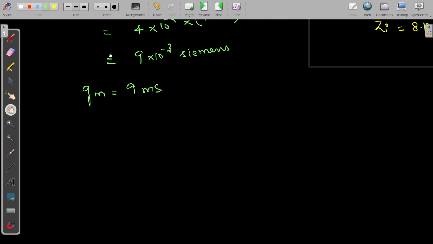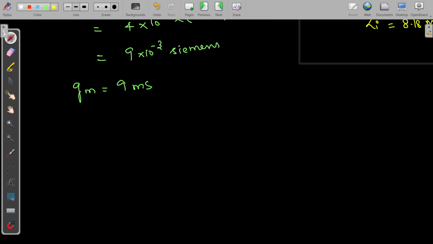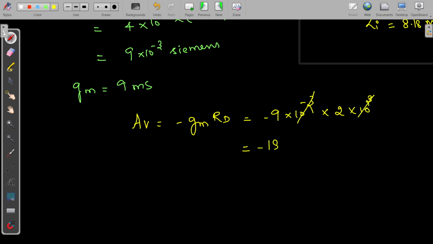Now you can calculate Av. Av is equal to minus gm into RD, isn't it? So that is minus 9 into 10 power minus 3, that is millisiemens, right? Multiplied by RD, 2 kilo ohm, so 2 into 10 power 3. These two cancel, so it is equal to minus 18. So Av is equal to minus 18.